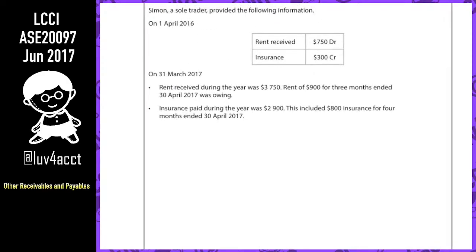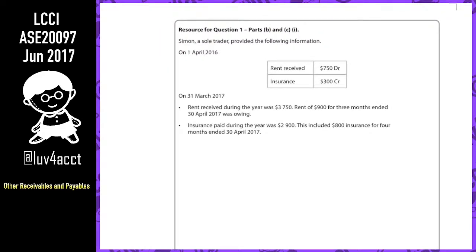So rent first. Rent received during the year 3750 received. Rent of 900 for 3 months ended 30th April was owing. So 900 for 3 months, that means 300 per month. And then owing.